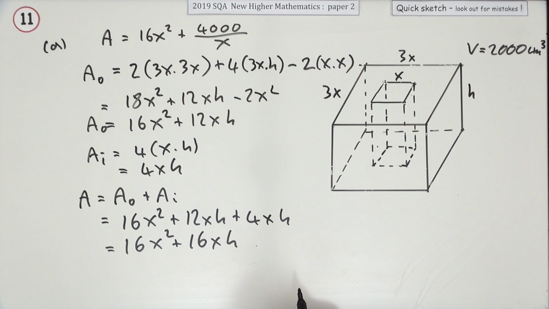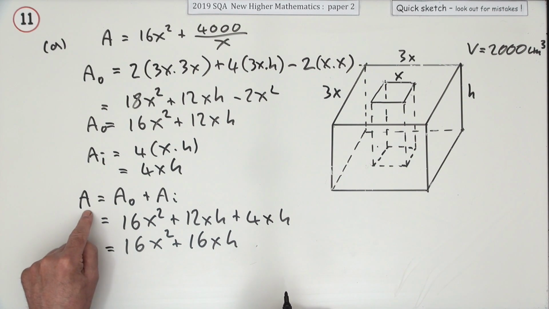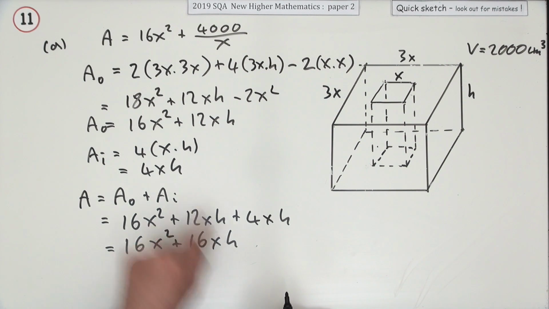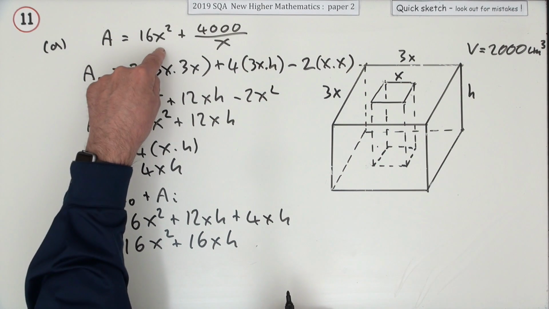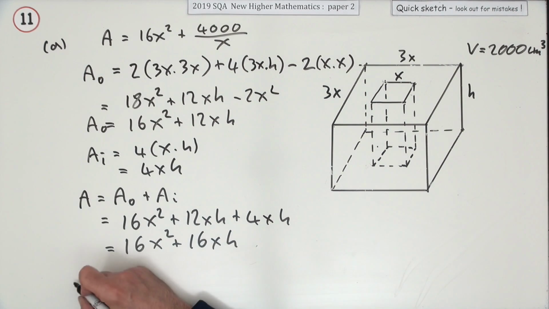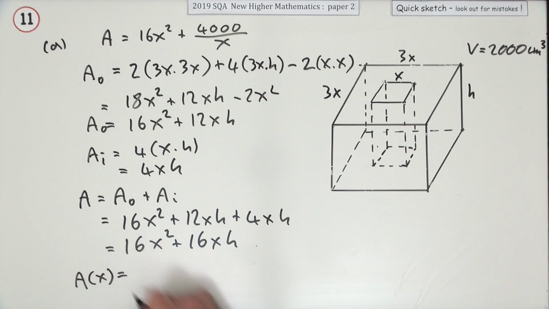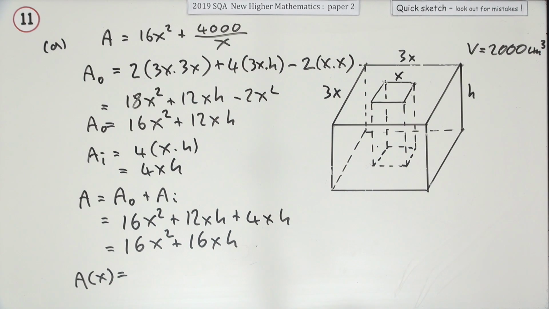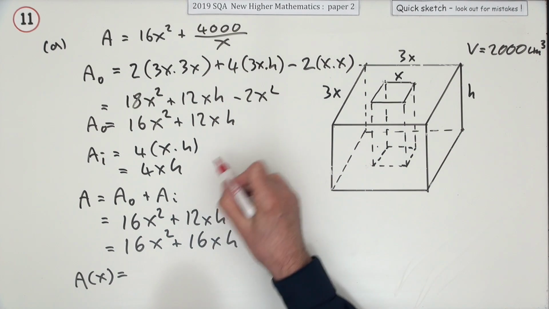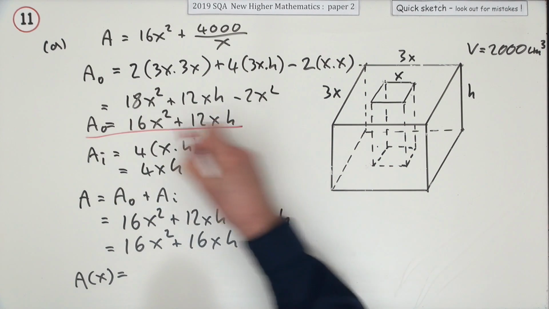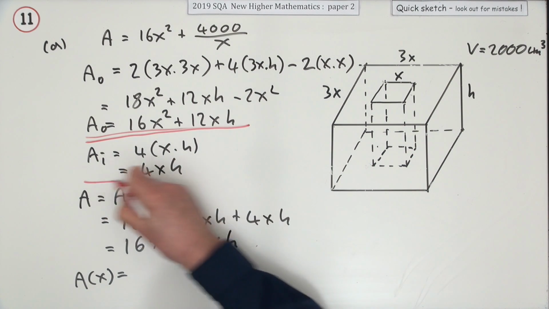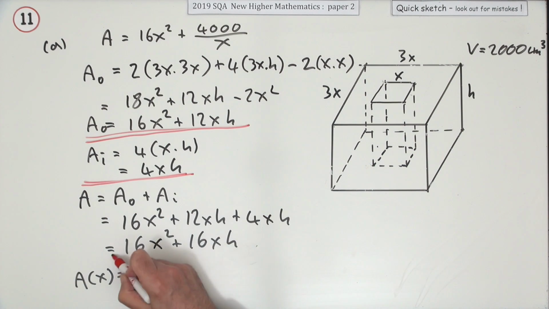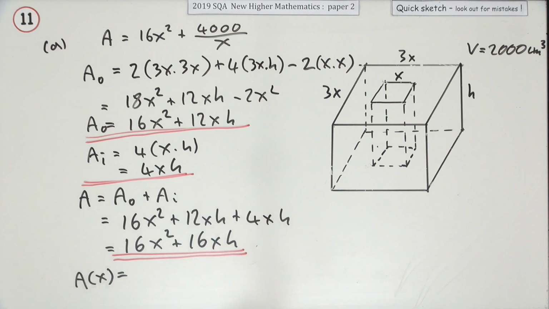But that's not the end of it, because now this area is expressed in terms of 2 variables and it's to be expressed solely in terms of x. I want this to read A of x equals. So I'll need some connection between x and h. Well, the volume's that connection. I'm going to have to start underlining things here because I'm going to lose track of things. That was the outside area, that was the inside area, so that's the total surface area.